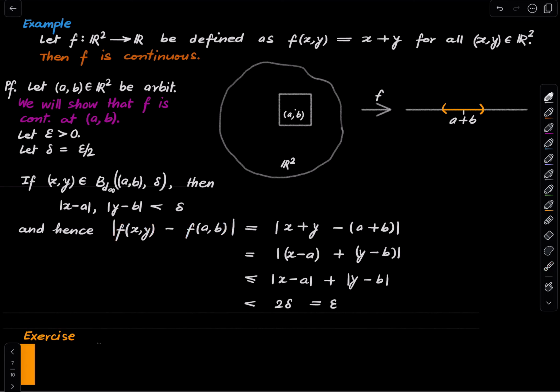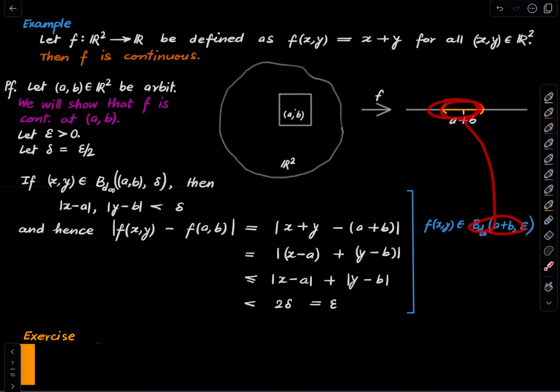All of this implies that this belongs to the ball of radius epsilon around a plus b, which is nothing but that orange thing over there. Just to make it very clear, this was epsilon. Okay, so we have shown that the Epsilon-Delta criterion is satisfied, and hence f is indeed continuous at the point (a, b).